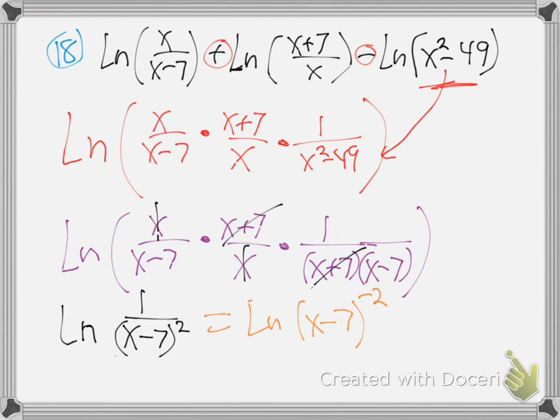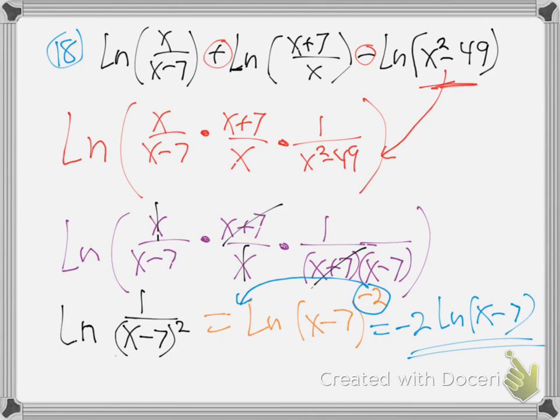So you have to write it that way, and then the negative 2 goes to the front, and you get negative 2 ln x minus 7. So can you write it the different way, like 1 over x minus 7 to the 2? Because 1 to the power 2 is 1, so it's not going to be changed.